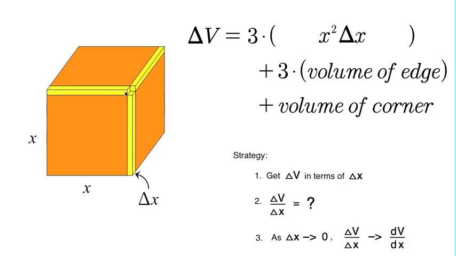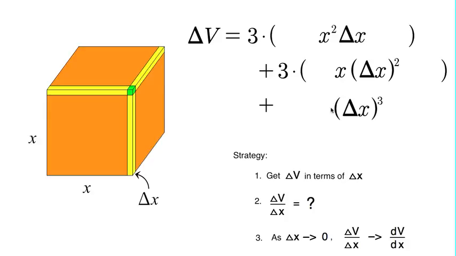They each have a long dimension x and two short dimensions delta x, so the volume of an edge is x times delta x squared. Finally, the volume of the corner is missing, but you can see the dimensions, delta x, delta x, delta x. So I'll put the corner back in and change this to delta x cubed. So we've accomplished the first step. We now have the change in the volume in terms of the change in the side.